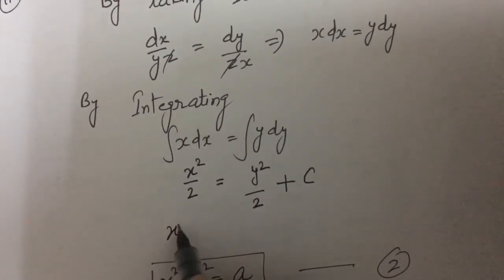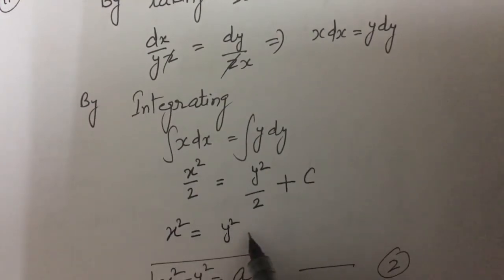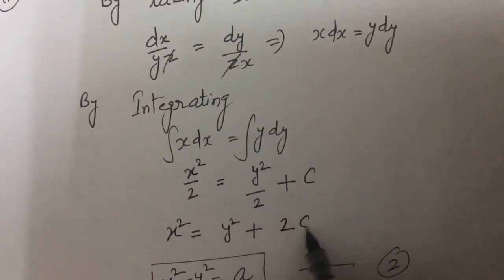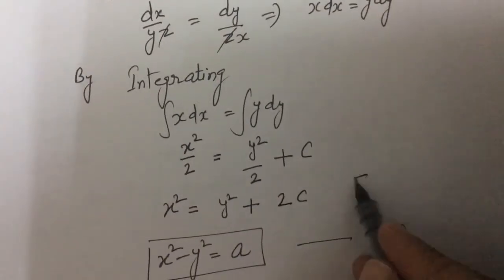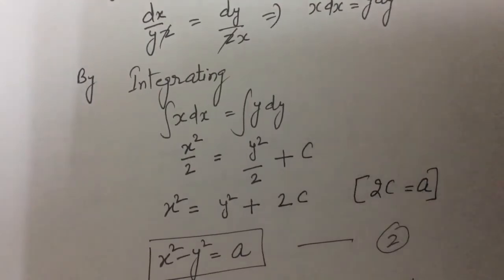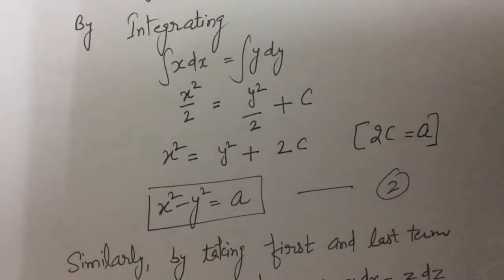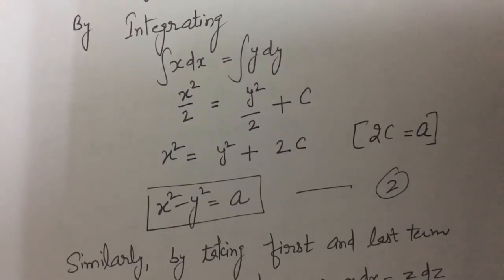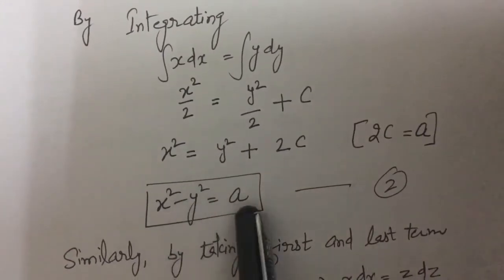You can write x square is equal to y square plus 2c. Now if we replace 2c with another arbitrary constant, say a, you will get x square minus y square is equal to a. This is your u is equal to a.